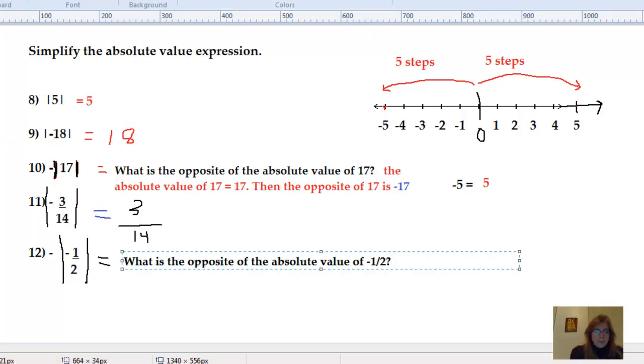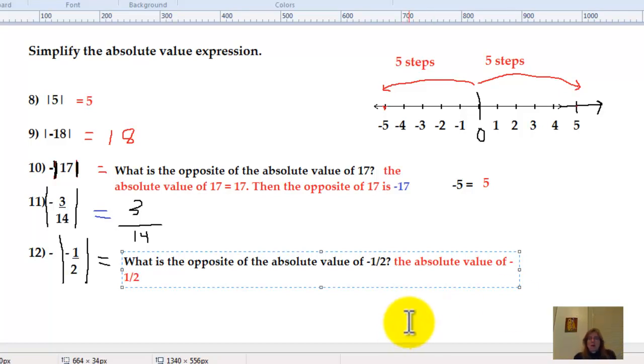We say the absolute value of negative 1/2 is, of course, 1/2.